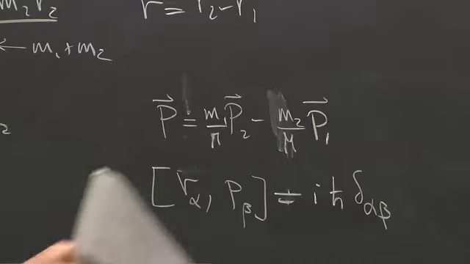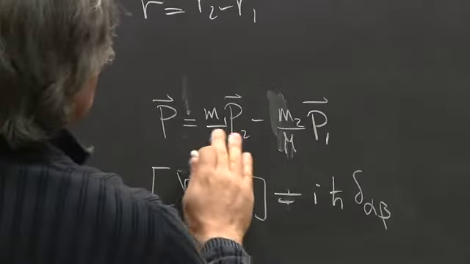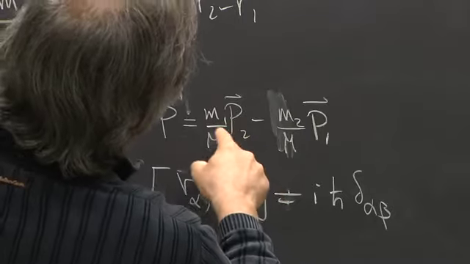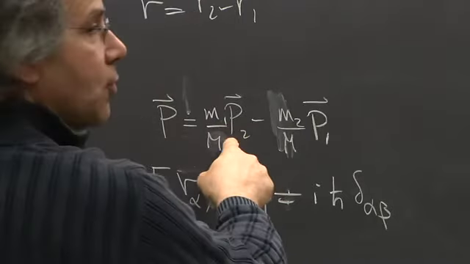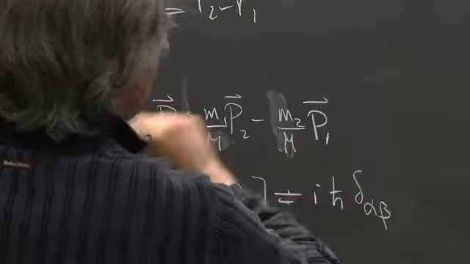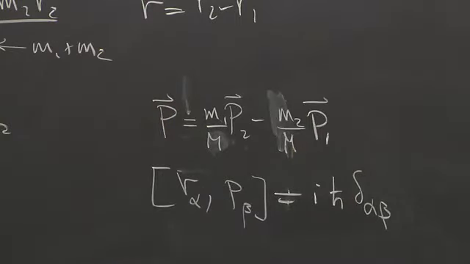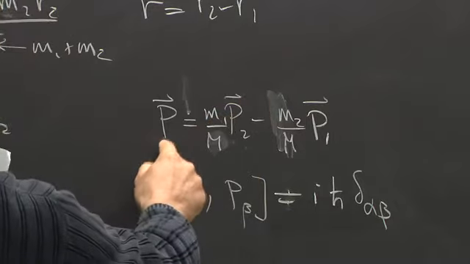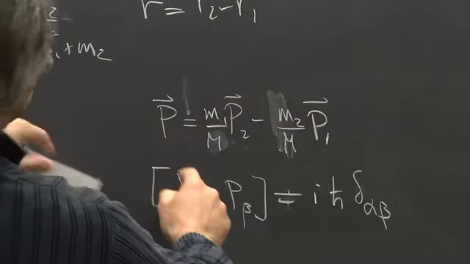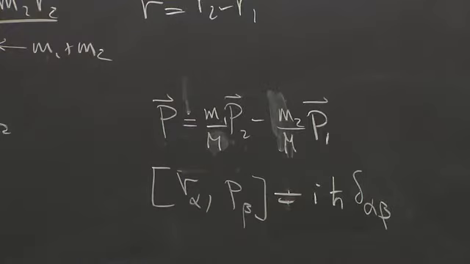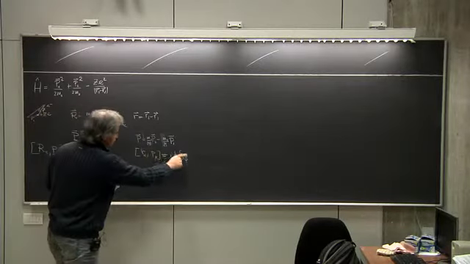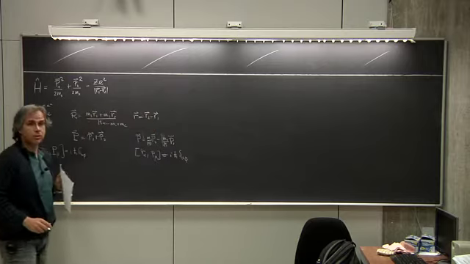M, again, is the total mass. So you have to put m1 over M in front of P2 and m2 over M in front of P1. And once you do that, then everything is just fine. This commutes with that, and also this commutes with that. You can verify it. This respects the usual commutation relationship.